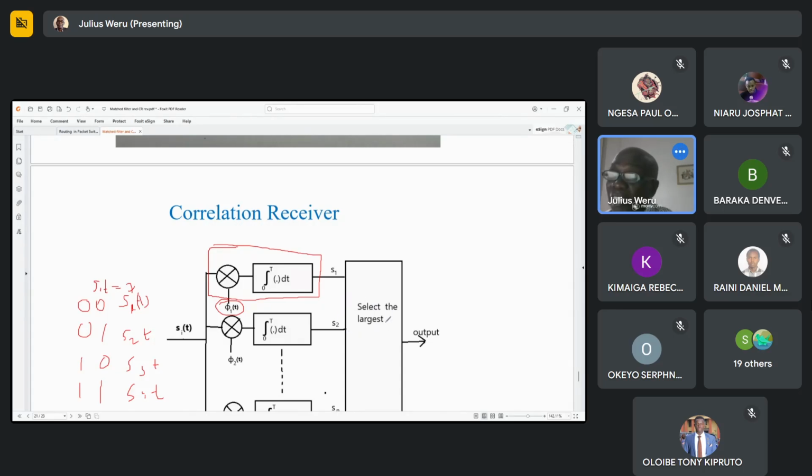So you select the largest value. The others will be 0. And that will be the output. So you can see how easy it is to detect signals using the correlation receiver, so long as what was used at the receiver and the transmitter were orthogonal basis functions.